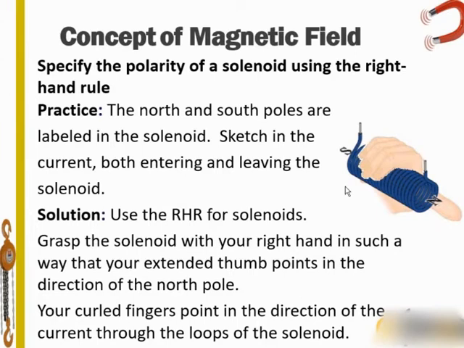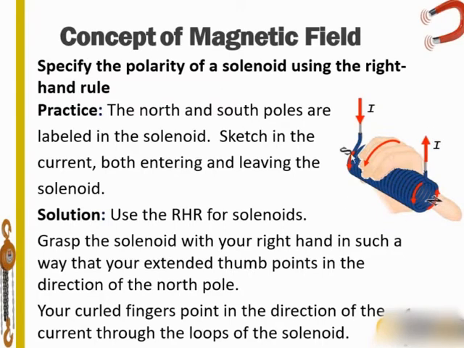By identifying the direction that the current is moving, you're able then to label which one of these coils represents the input in terms of the current going in, and which one represents the output in terms of the current going out. So this way you're able to label the diagram very easily.